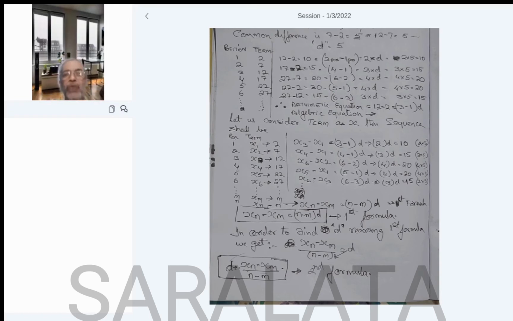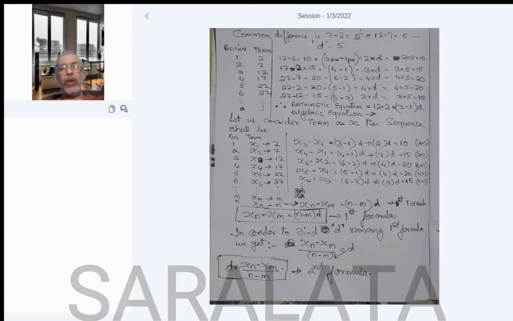And what is the first formula we got? xn minus xm is equal to n minus m into d, right? xn minus xm is equal to n minus m into d.